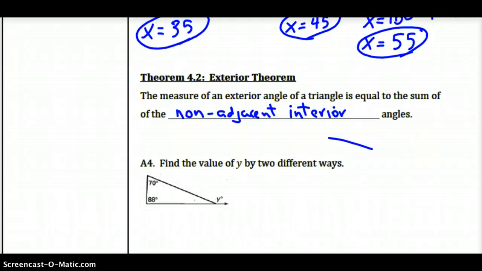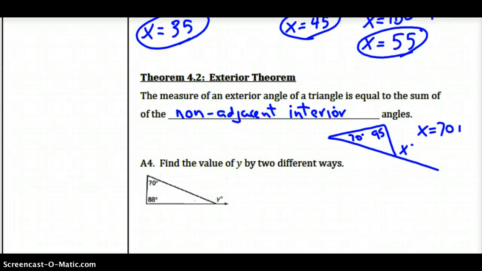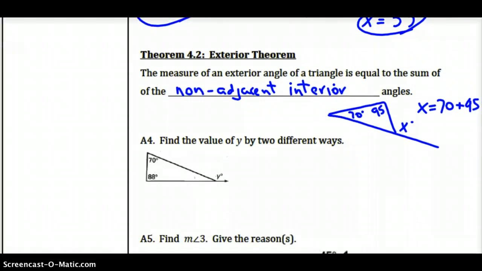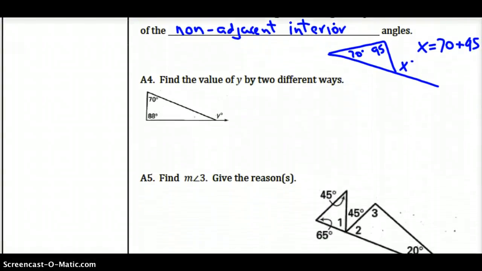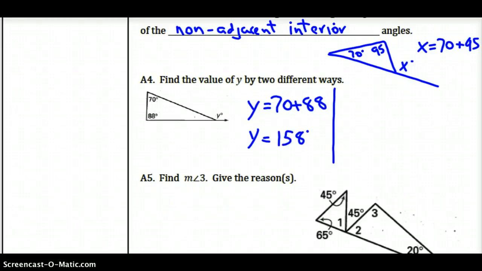So what that means here is if I have this triangle, and this is x degrees, and this is 70 degrees, and this is 95 degrees, so x is going to equal 70 plus 95. And now using this, we can say that y equals 70 plus 88. So y equals 158 degrees. So that's one way.